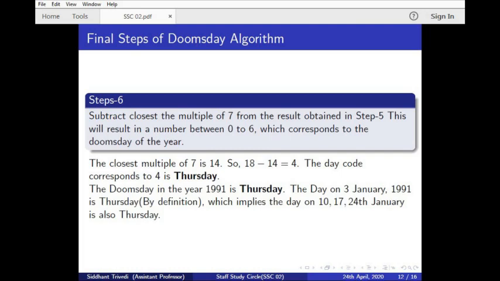The day on 3rd January 1991 is a Thursday, as it is not a leap year, which implies that the day on 10th, 17th and 24th January is also a Thursday, and therefore the day on 28th January 1991 is Monday.